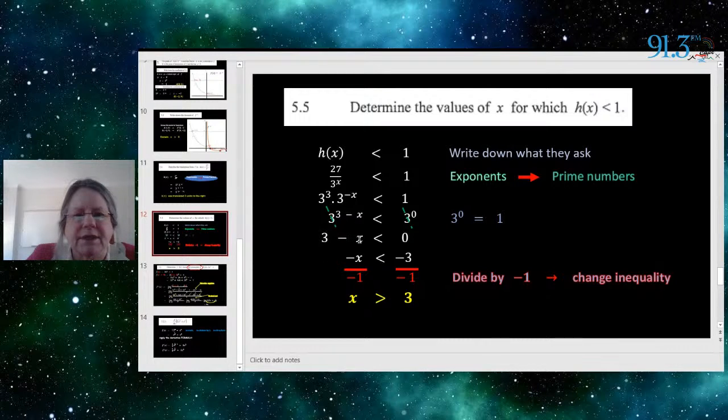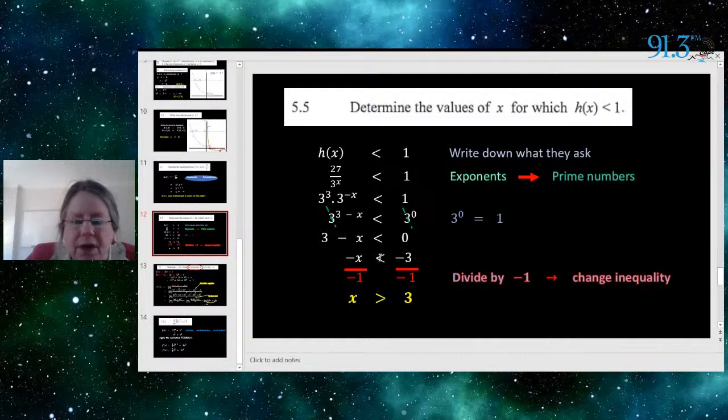3 minus x is less than 0. Now here's another little catch. We want a positive x. So to turn this into a positive x, we need to divide it by negative 1. And we do it on both sides. But remember I said, please note it's an inequality. So the minute you divide by a negative 1, the inequality sign changes.